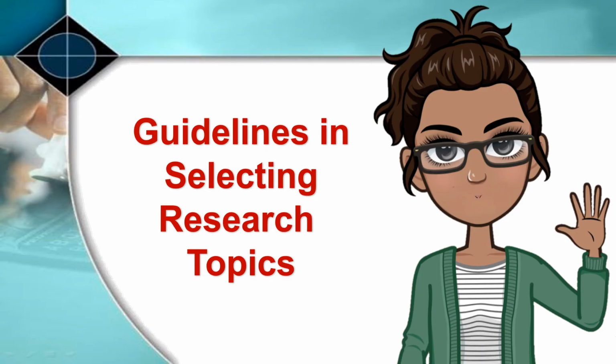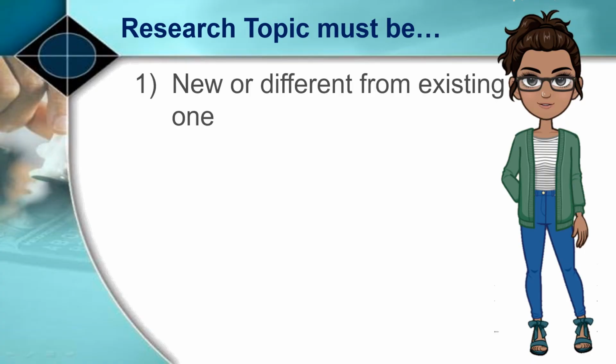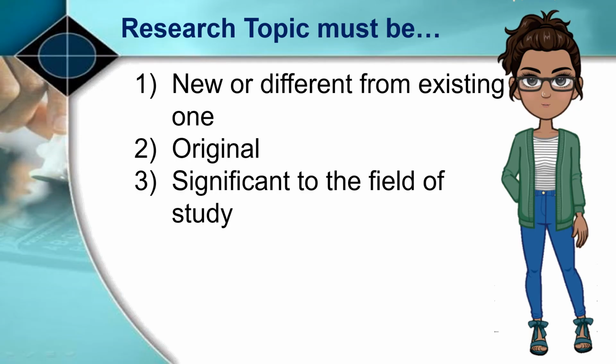Moving on, we have the guidelines in selecting research topics. In choosing a research problem, be guided by the following criteria. Number 1, it should be something new or different from what has already been written about. 2, it must be original. 3, it should be significant to the field of study or discipline, or in your strand in your case.